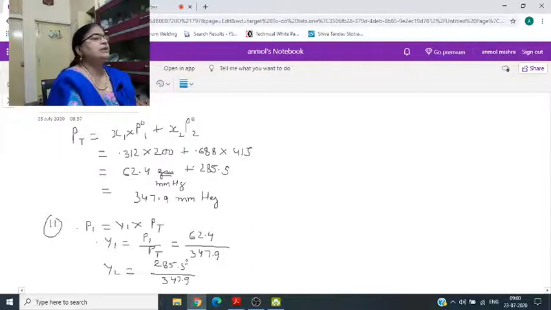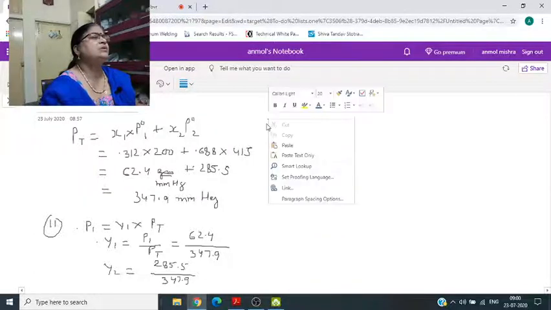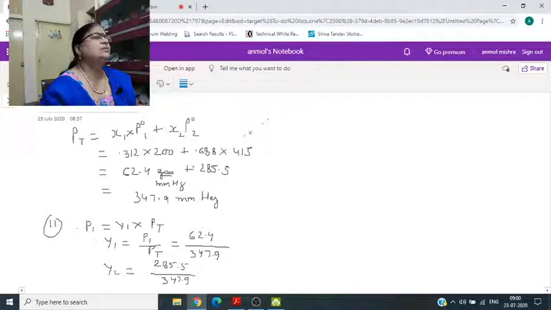Now the next topic is Raoult's law as a special case of Henry's law. Raoult's law states that the partial pressure is directly proportional to the mole fraction. So we can write P is equal to X into P0. This is according to Raoult's law.